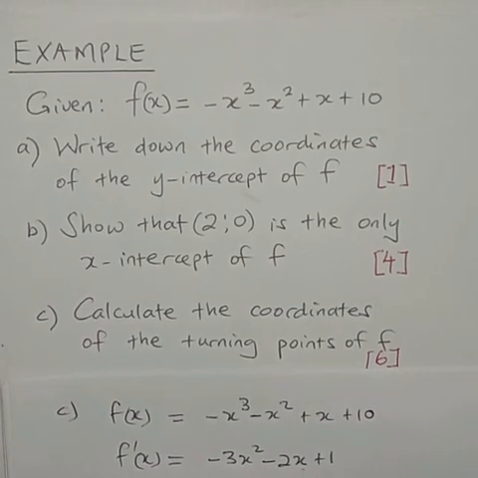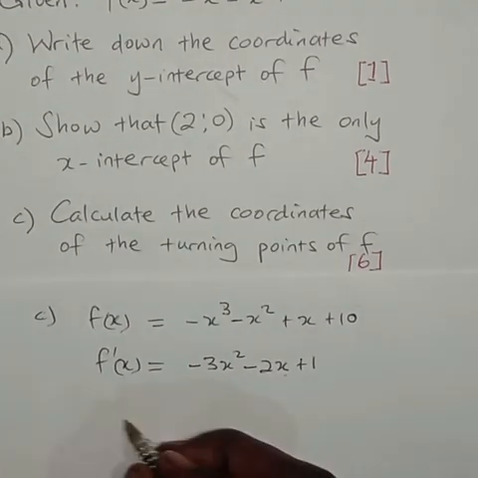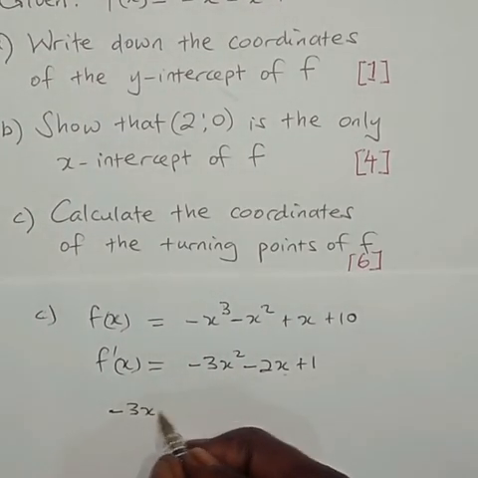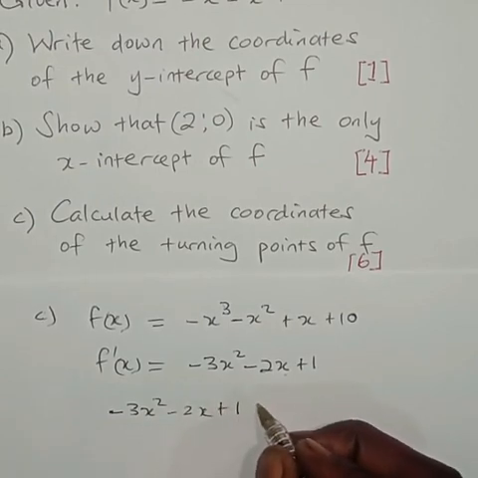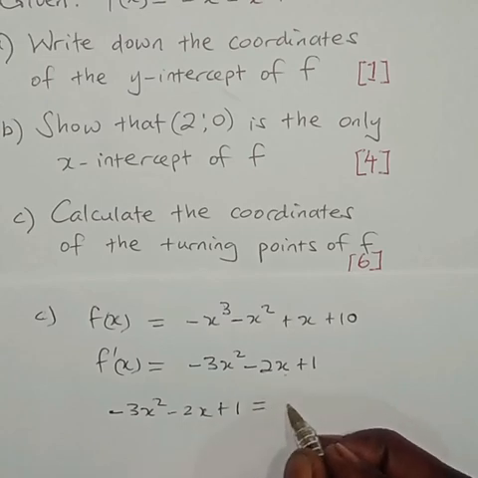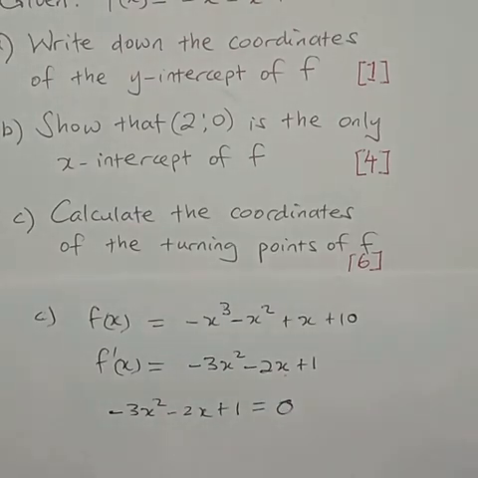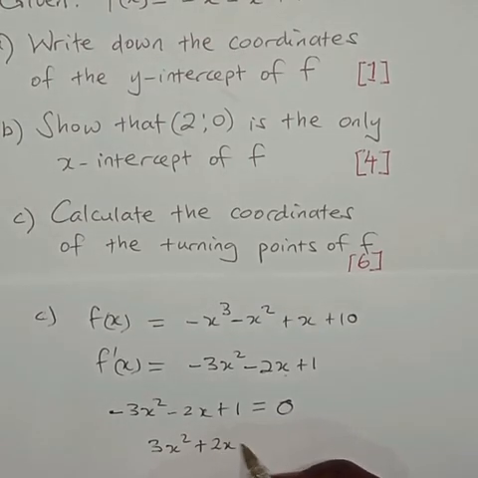So we are saying minus 3x squared minus 2x plus 1 is equal to 0 at the turning points. Now, we can divide throughout by a negative. We get 3x squared plus 2x minus 1 is equal to 0.